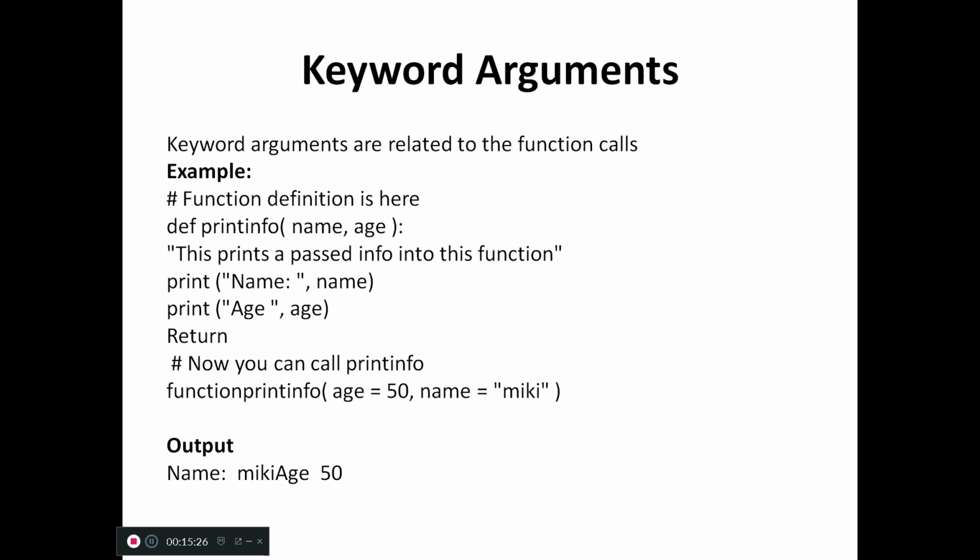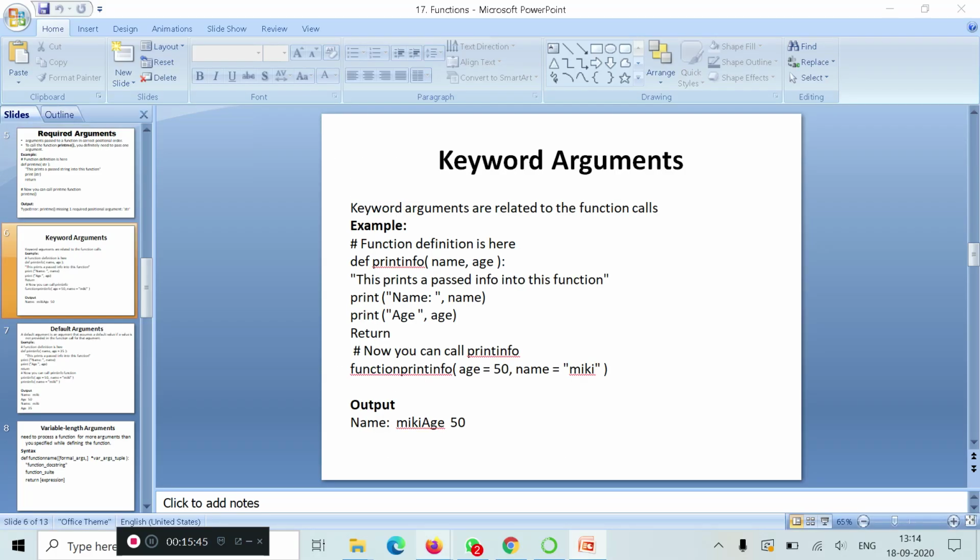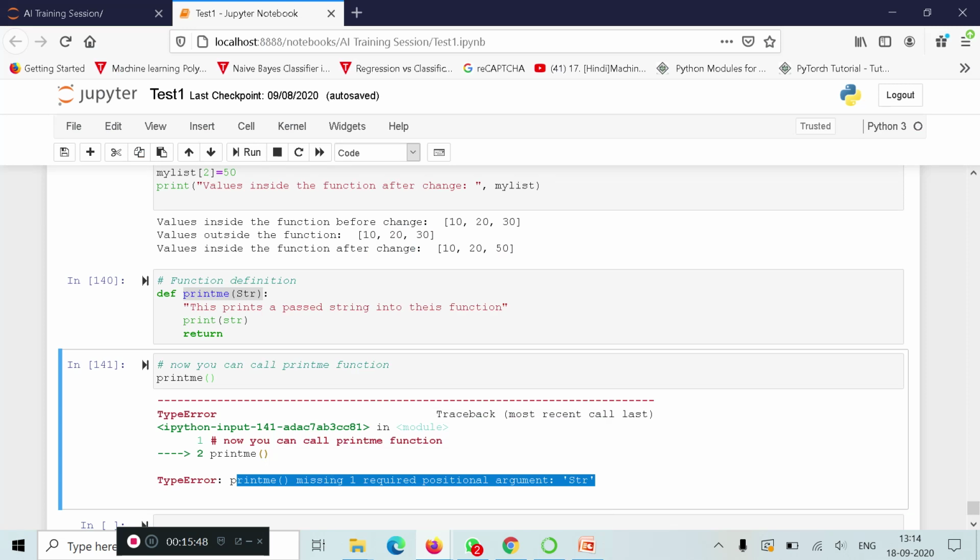You can also make keyword calls to the printme function. Let's go back to the Jupyter Notebook and check out this example so that you guys can understand easily.